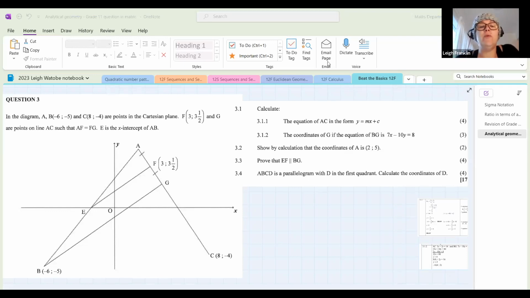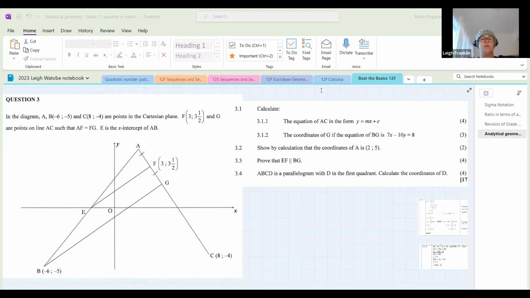Okay, cool, Tamia, well done. DM me your answer, please. And Gugu, good job. Well done, Gugu. Please DM me your answers. Good, Boitumelo. Okay, so DM your answers.